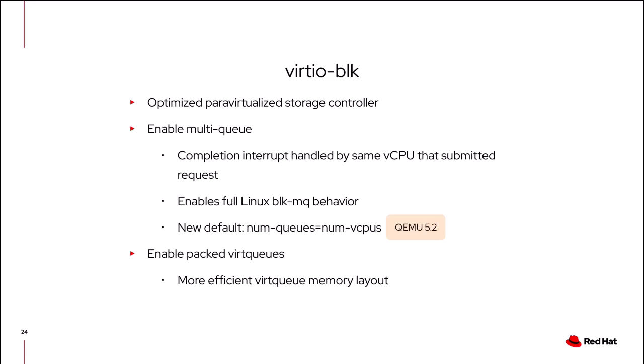We don't want that interrupt to go to some other vCPU that then says, oh, okay, I'd better wake up that task that's ready to run on another CPU and I'll send a message. We don't want interprocessor interrupts. So by giving every vCPU its own queue, we can eliminate that and we can improve interrupt completion latency. So that's why multi-queue helps.